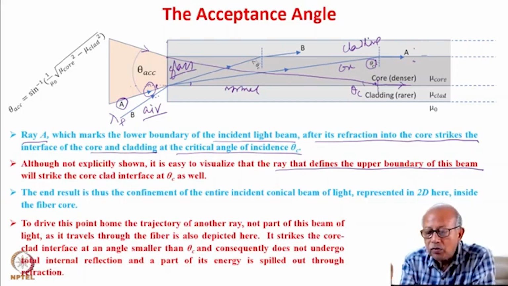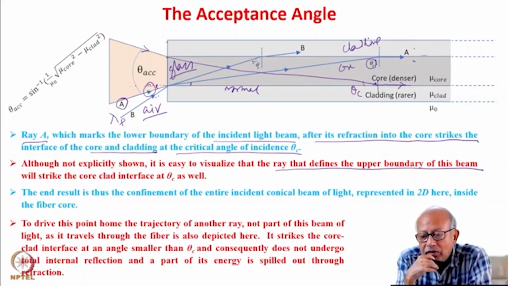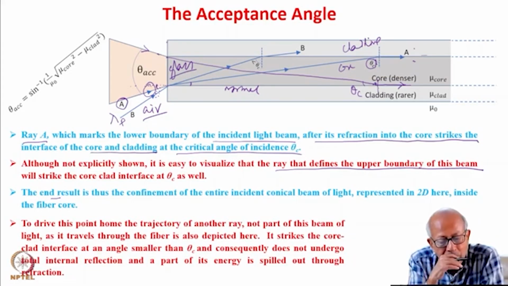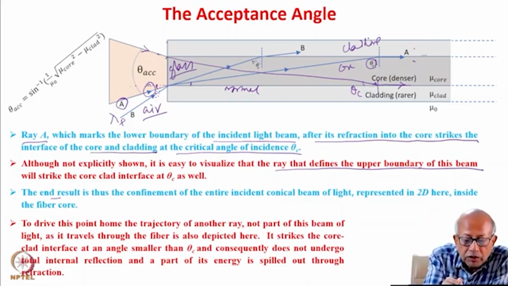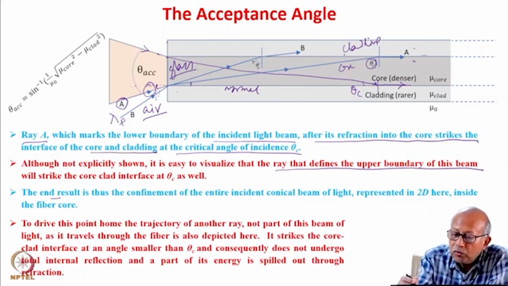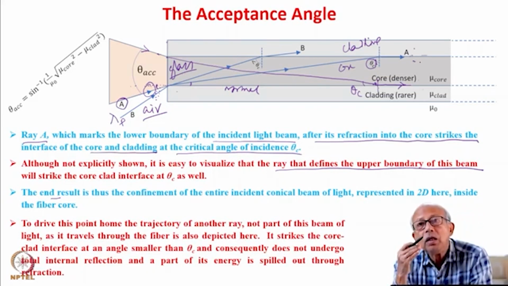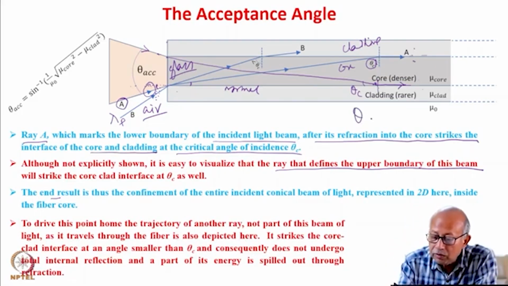The end result is, and it can be shown that any other beam lying between these two end rays, one defining the lower end, the other the upper end, would, after refraction at this air-glass interface, strike this core-clad interface at an angle that will lie between theta c and 90 degrees.